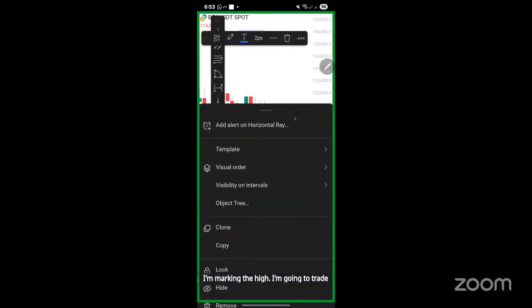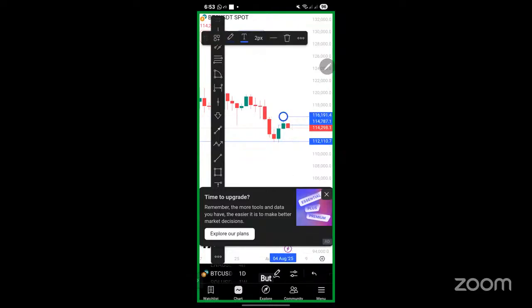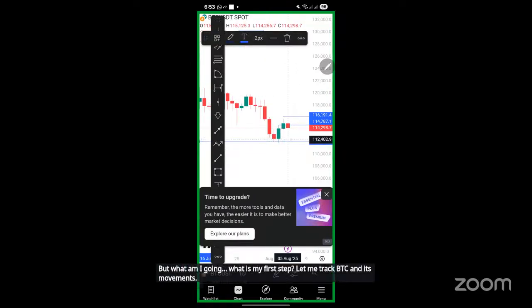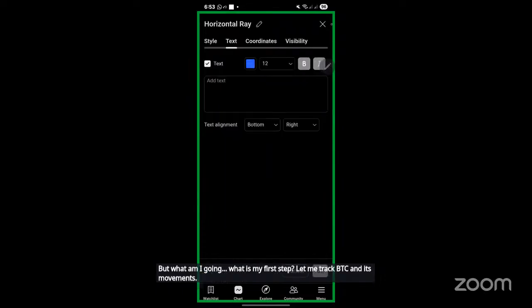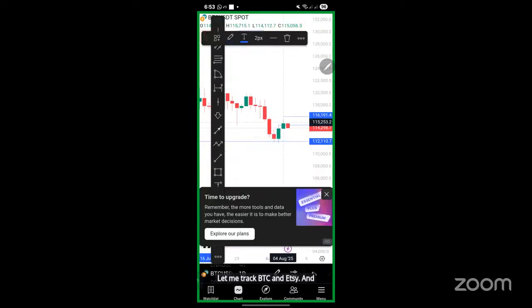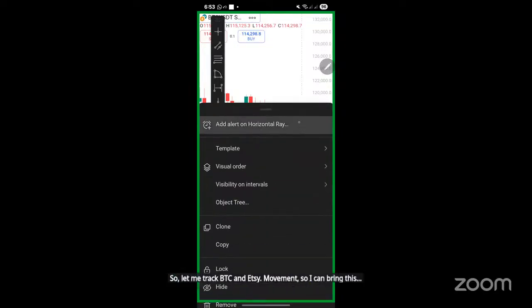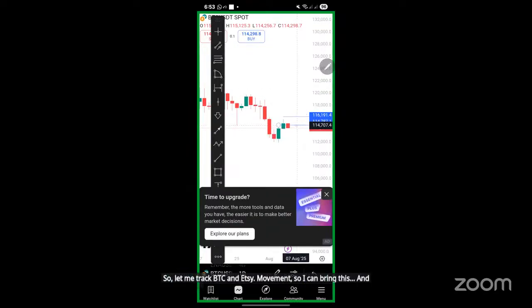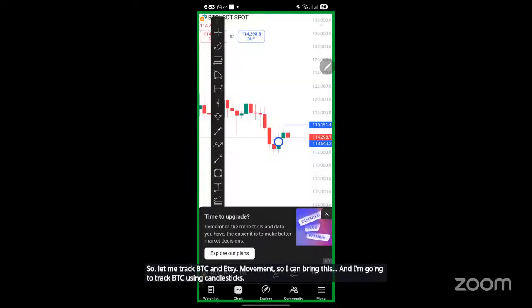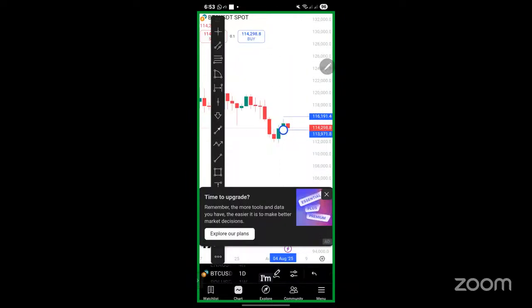I'm going to trade. But what is my first step? Let me track BTC and its movements. So let me remove this. I'm going to track BTC using candlesticks.